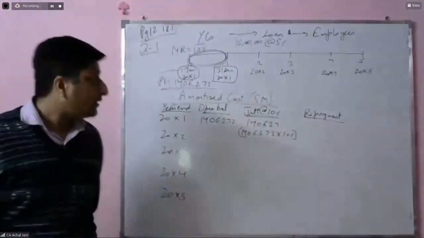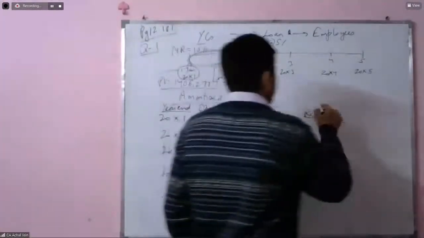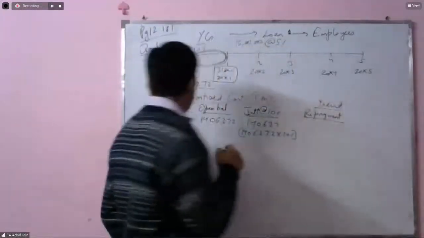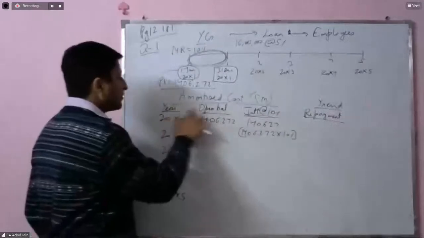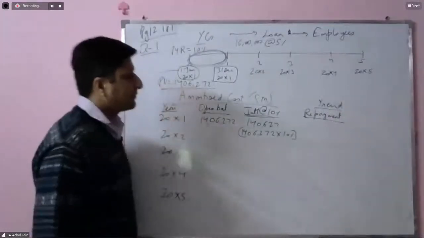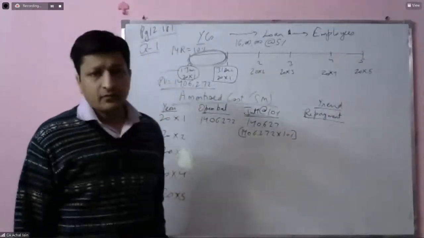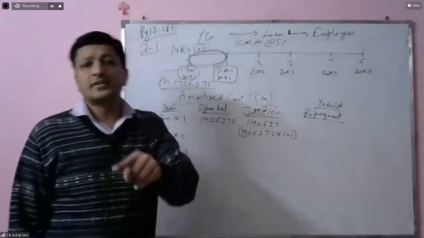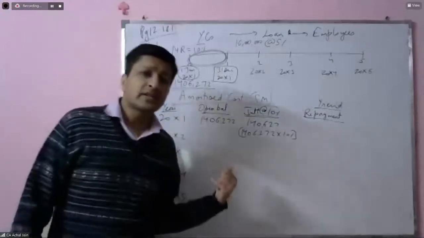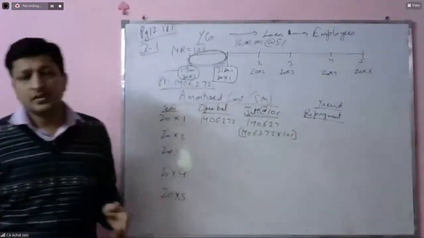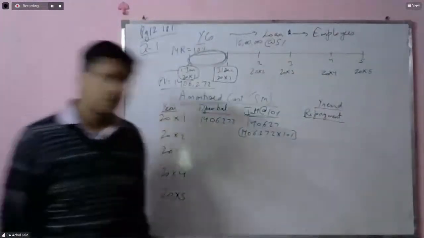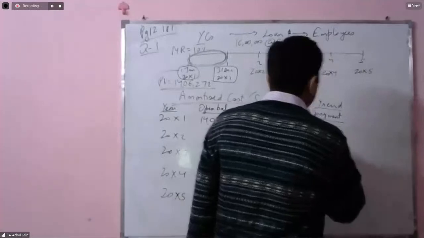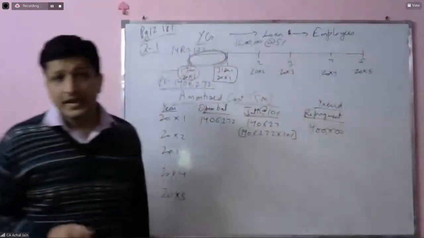So at the end of first year, year end, what's the repayment? 3,20,000 plus 80,000. If you go to the first table that we prepared, we have repayments at the end of every year. So this will be 4 lakh, 3,20,000 plus 80,000.